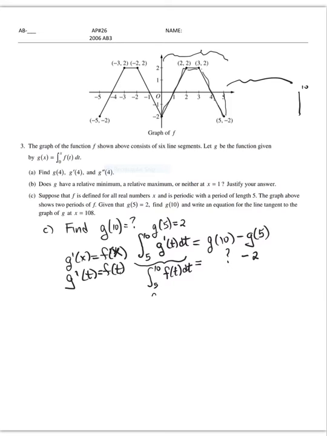So I'm going to write this. Let's get the total net area from 0 to 5. To get that, I'm going to underline this. We have to get the area of this triangle and this triangle and this trapezoid. All right, so let's begin.